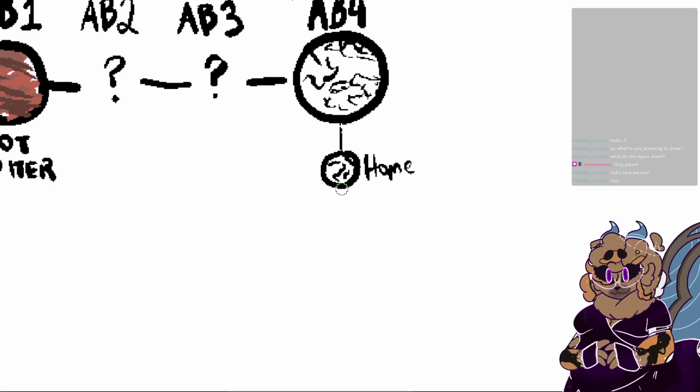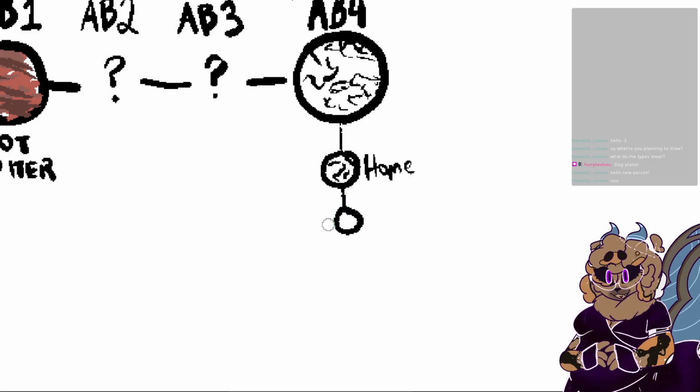And then I think that one moon that it used to have, Callieverse, that big ringed moon, I'm going to make that be one of the more outer moons, somewhere down here, it'll be over here.